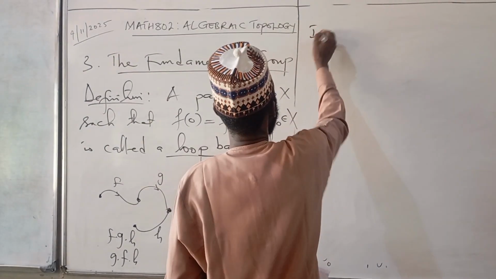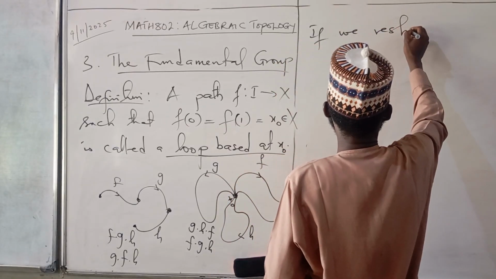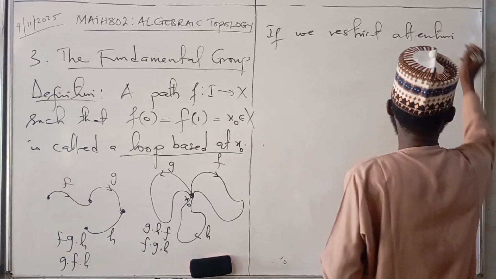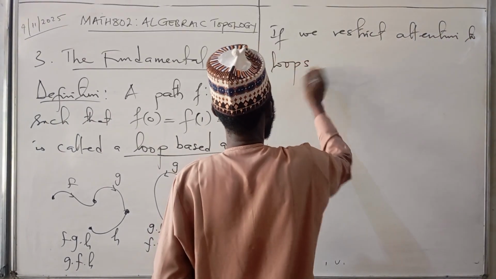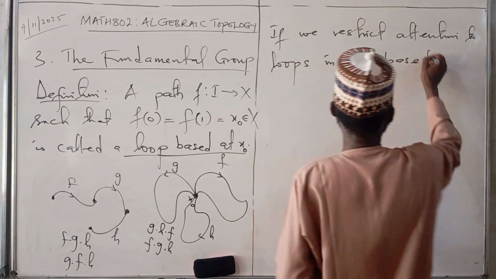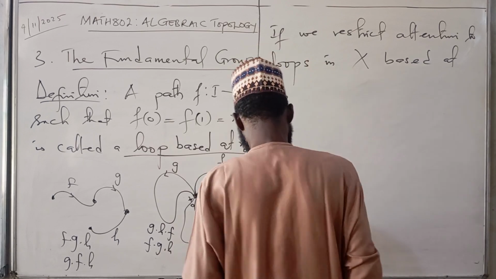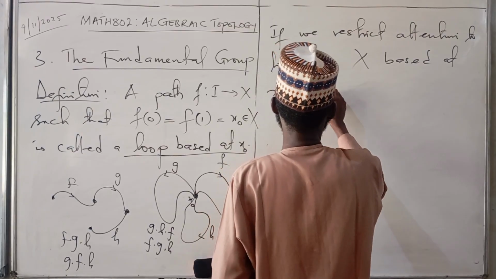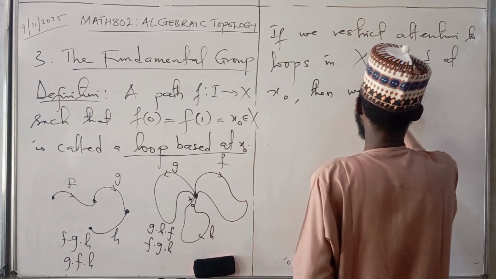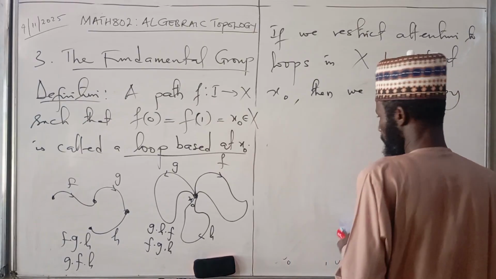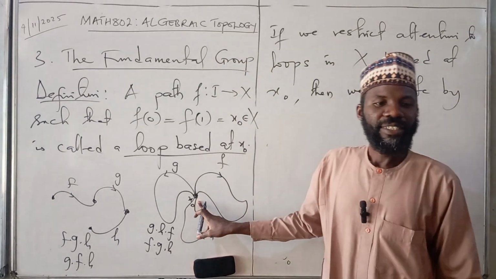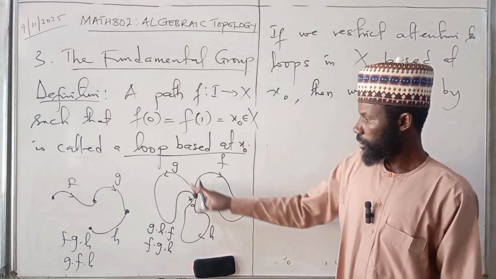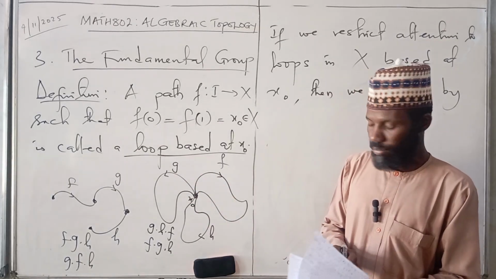If we restrict attention to loops in a space based at a point x naught, then we denote by the set of equivalence classes of all loops, because of the relation of homotopy.